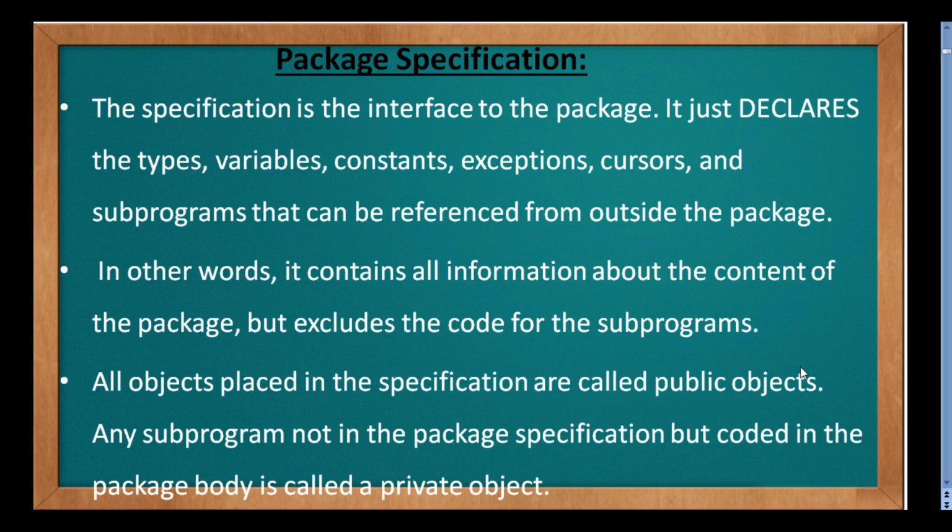And one more thing is the package specification contains only the information about the package, but it does not contain code for the subprograms. Okay, so whatever PLSQL objects you want to use in the package, you can declare in the package specification, not provide the code in the package specification. Is it clear?